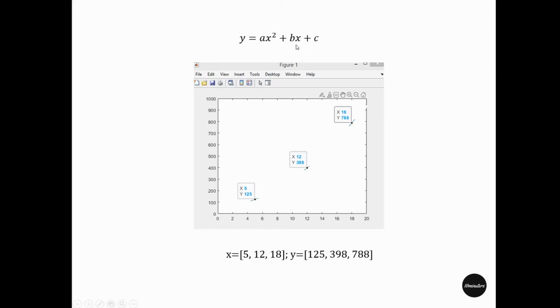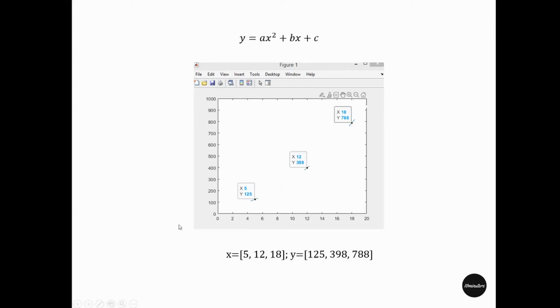We only know that this is a quadratic equation, and further we also totally lost the curve, except that we only know these 3 points. The x coordinates of those 3 points are 5, 12, 18, and the y coordinates are 125, 398 and 788.